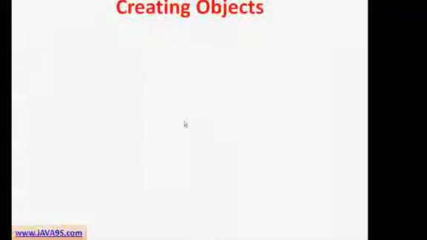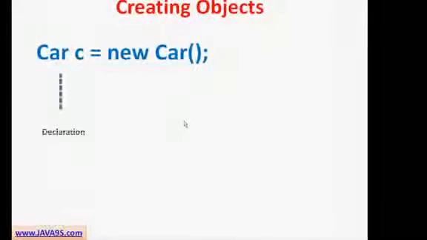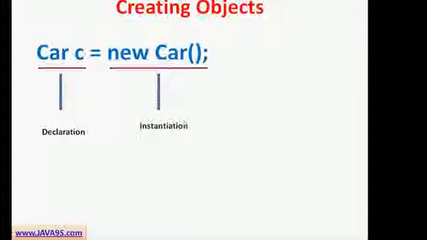And now let us look at the concept of declaring objects. So the statement is going to look something like this. To create a new object, you have to use a declaration part, and you have to use an instantiation part.